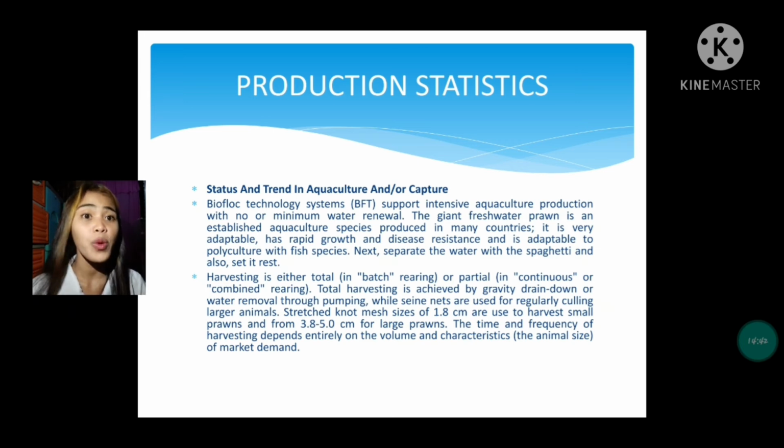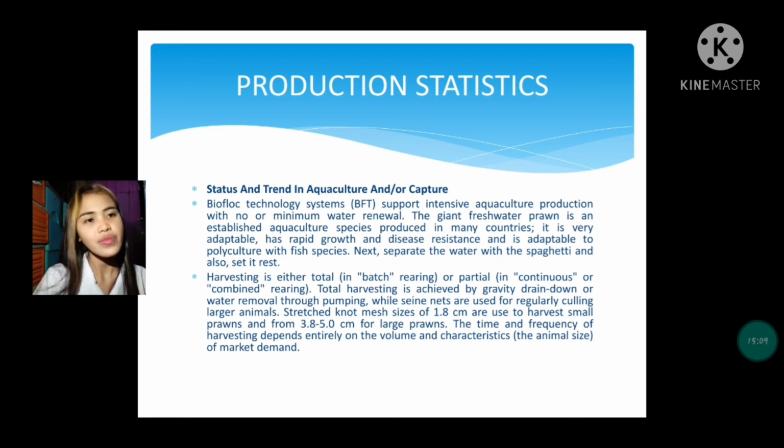The next is harvesting, which is either total in batch rearing, or partial and continuous or combined rearing. Total harvesting is achieved by gravity drain down or water removal through pumping, while seine nets are used for regularly culling larger animals.